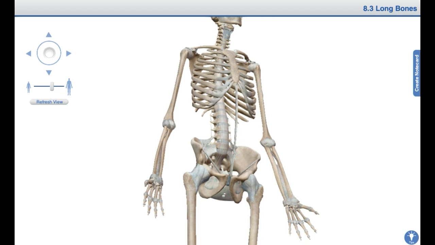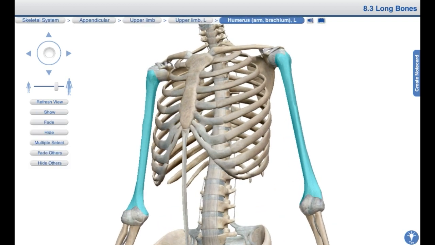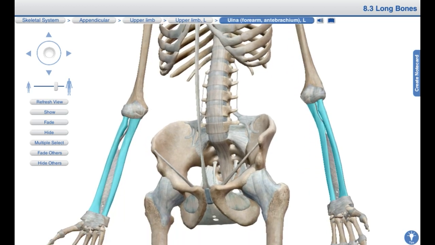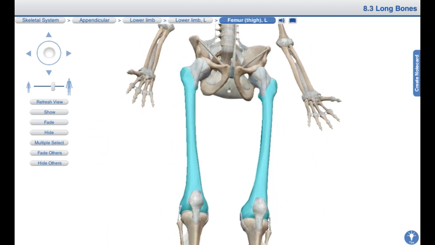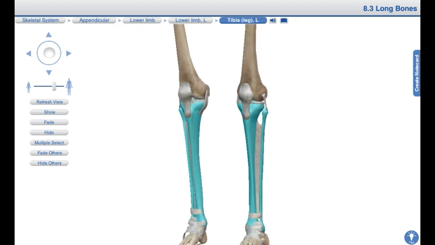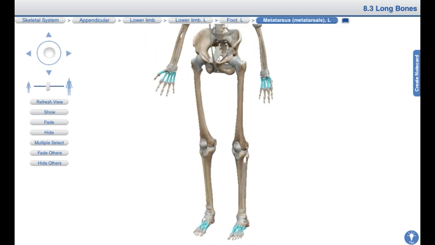So the next type is long bones. Long bones support the weight of the body and facilitate movement. Those are the humerus, present in the upper limb, the radius and ulna, present in the forearm, the femur, present in the lower limb, the tibia and fibula, also present in the leg, metacarpals and metatarsals.